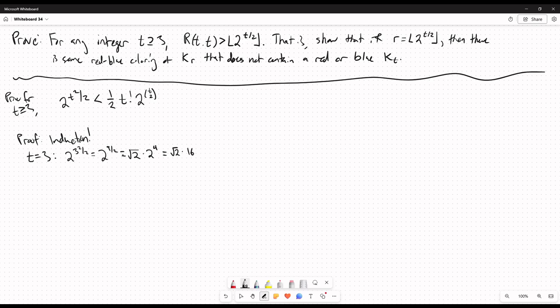And then we can start doing some kind of fancy stuff. Square root of 2 happens to be less than 3/2, so we can rewrite that as 3/2 times 16, which is going to give us 3 times 8.